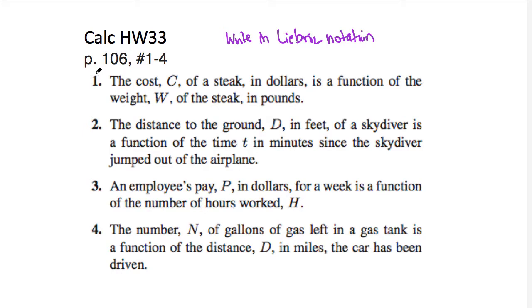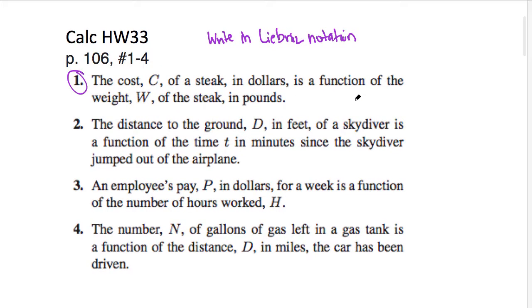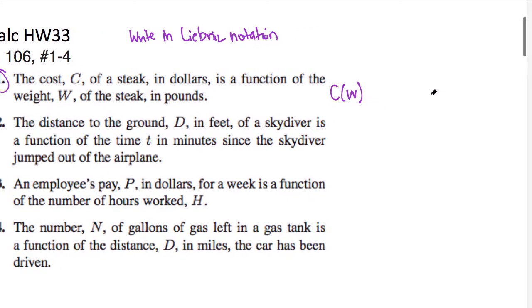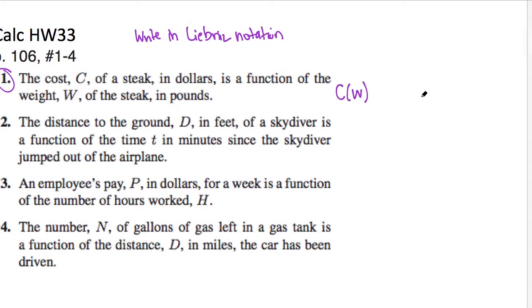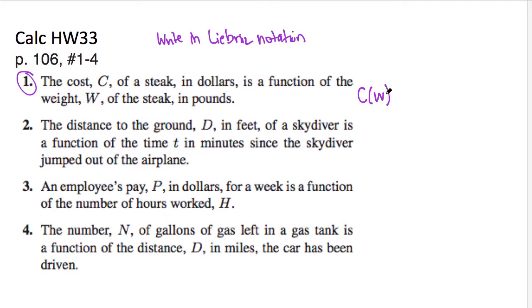So, first one, number 1: the cost of a steak, C, in dollars, is a function of the weight, W, of the steak in pounds. So I have C as a function of W. What I'm doing here is writing the derivative of this in Leibniz notation. So W is the independent variable. It's like x for us.